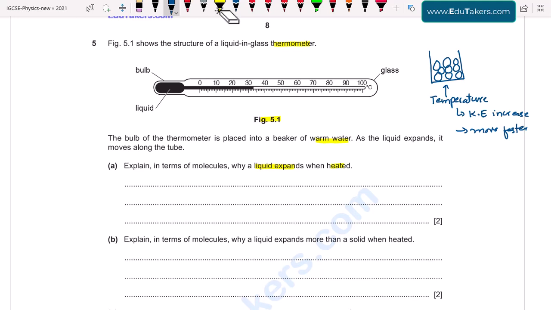So due to their larger speed, the molecules move apart. So in this way, the volume increases and we can simply say that the liquid expands. So I write here, molecules gain kinetic energy, and molecules move further apart.